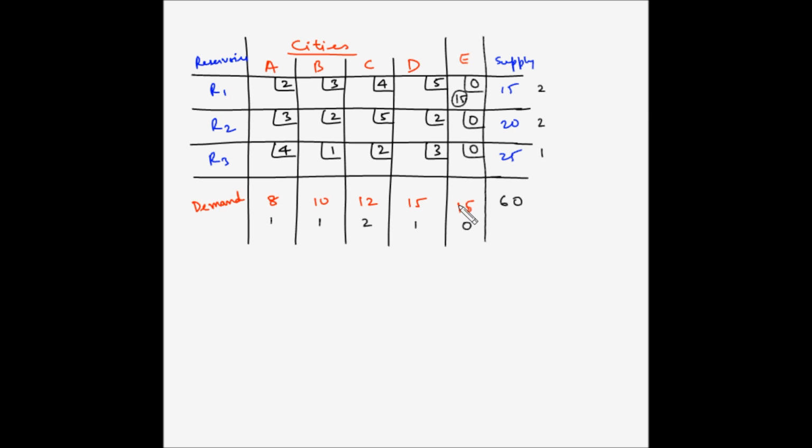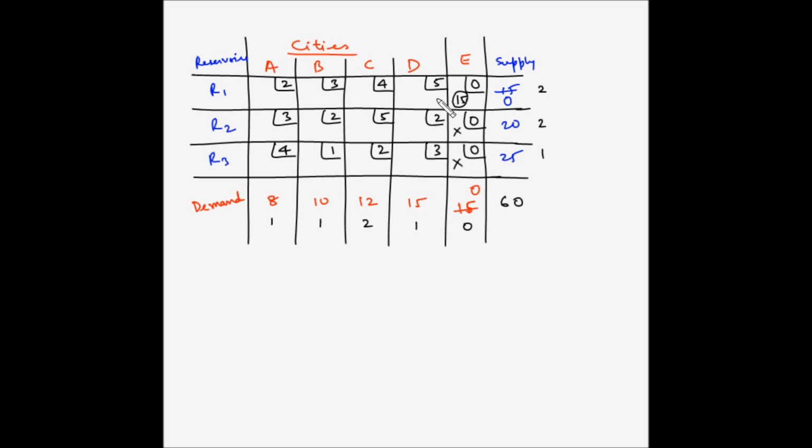Now with this allocation, the entire demand at E has been met, so the remaining demand is 0. And also the entire supply capacity at R1 has been exhausted, so the remaining supply capacity is 0. Now since the entire demand at E has been exhausted, let's cross off the remaining boxes for city E, indicating that they are no longer required to be allocated.